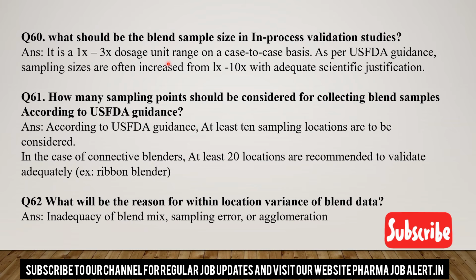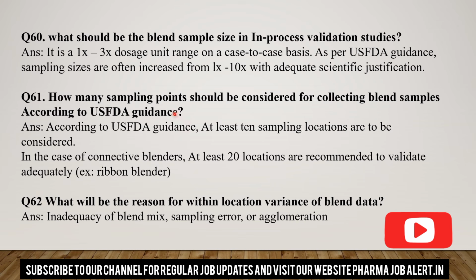Friends, the next question is what should be the blend sample size in the process validation studies? As per USFDA, 1x to 3x dosage unit range on a case-to-case basis; normally it is 1 to 3x. As per USFDA, the sampling sizes are often increased from 1x to 10x with adequate scientific justification.